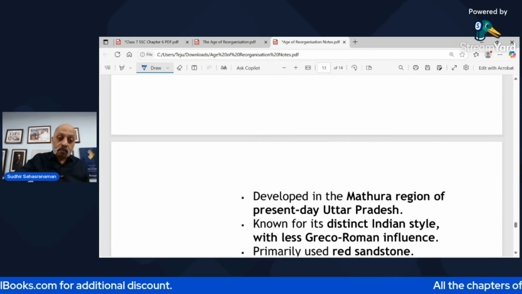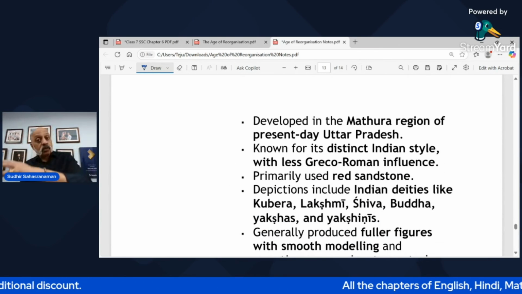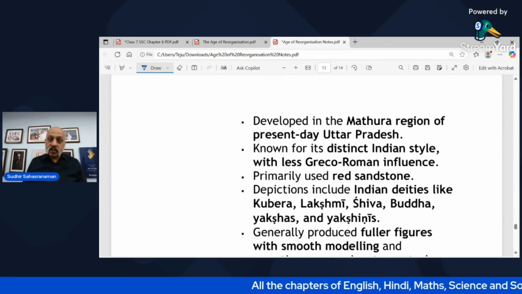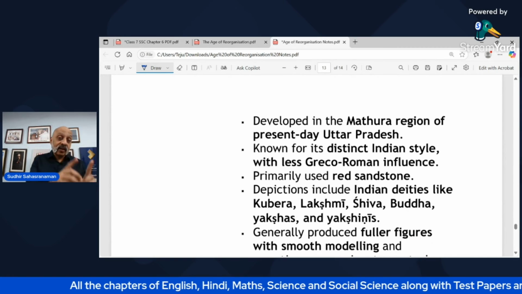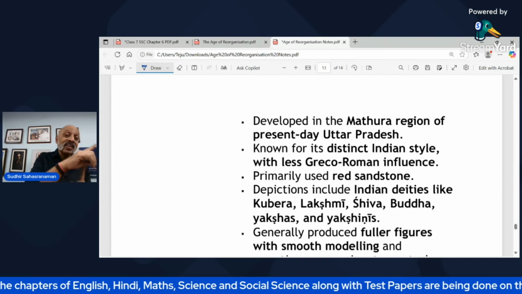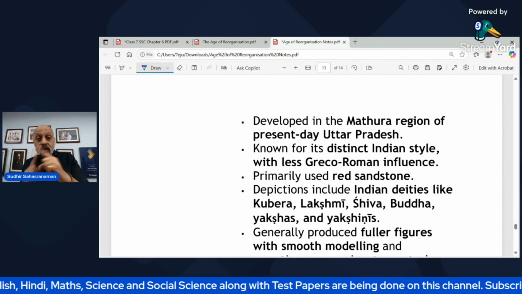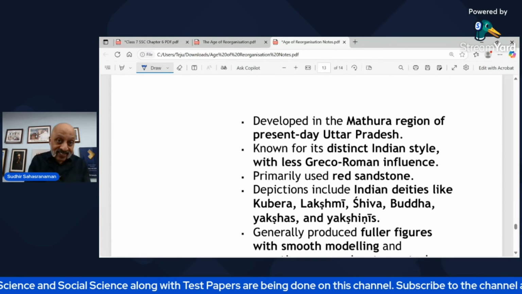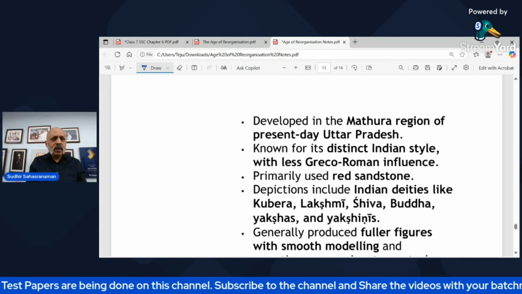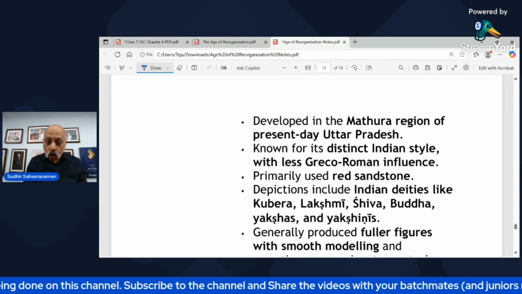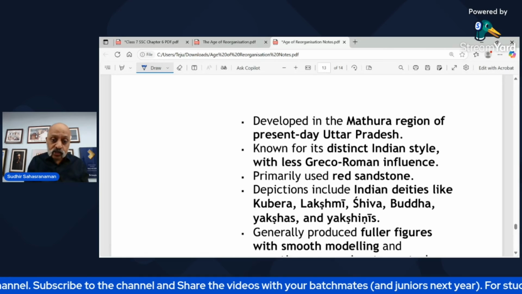What is the Mathura style like? That is in the Mathura region of modern day Uttar Pradesh. That was more Indian compared to the Gandhara style. Gandhara style had a lot of influence of Greek and Roman. This was more Indian in contrast. It used red sandstone. Basically, we're talking of sculpting, right? And many Indian deities like Kubera, who is the god of wealth, Lakshmi, who is the goddess of wealth.